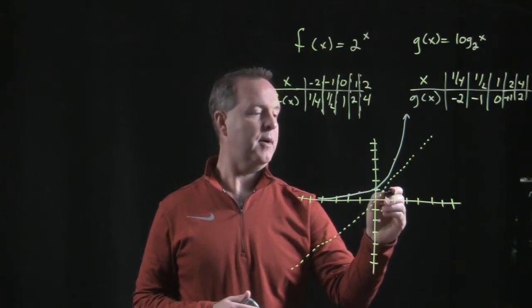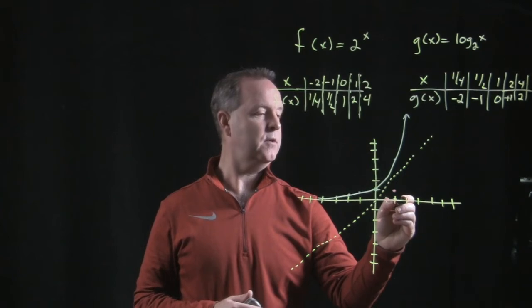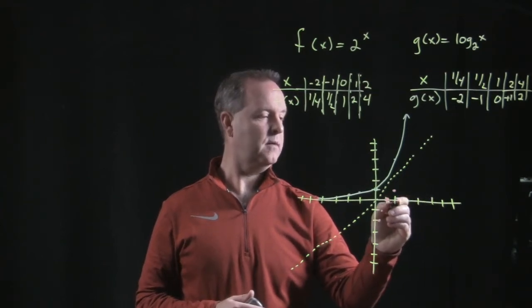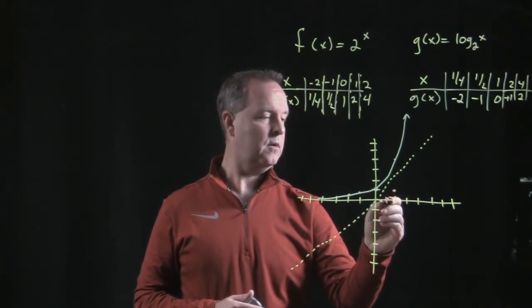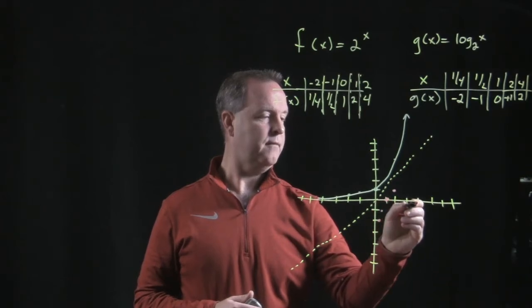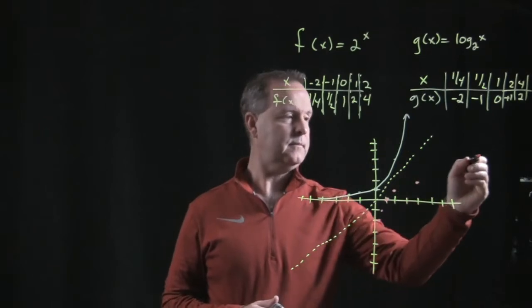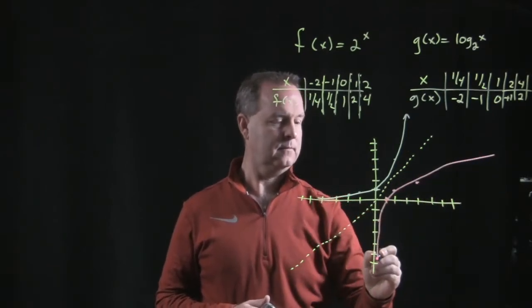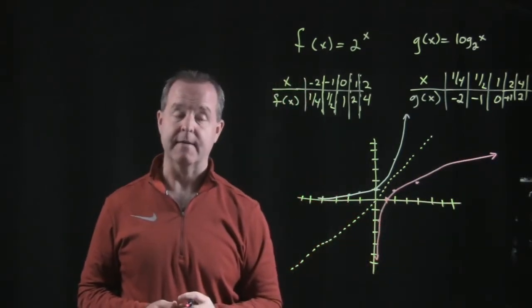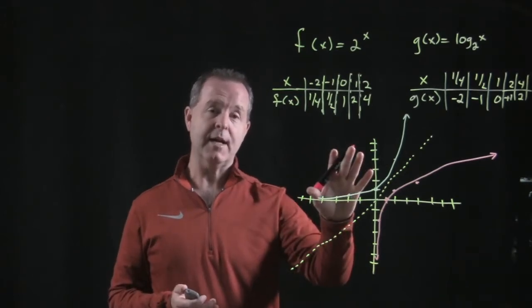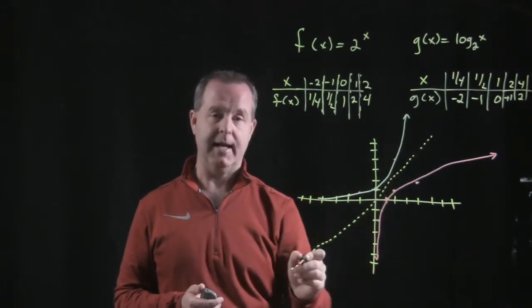Over at 2, I'm at 1. And over at 4, I'm at 2. And if I were to draft that, I'd have a graph that looks like that, where this is a reflection of each other about this slanted y equals x line.